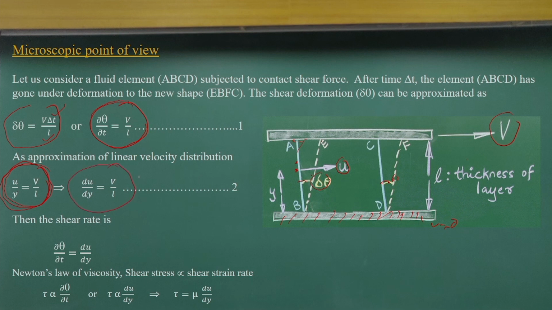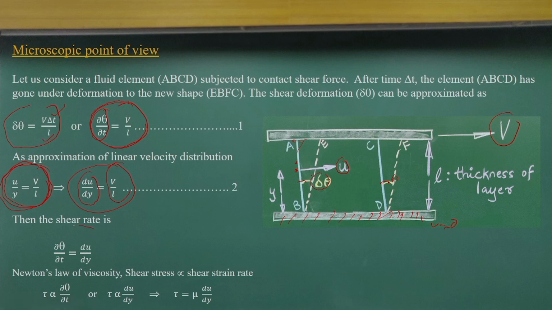If I differentiate it, I get this part. Remember, this indicates the velocity gradient, how the velocity varies along the y direction. That constant is equal to the shear strain rate, the shear deformation per unit time.